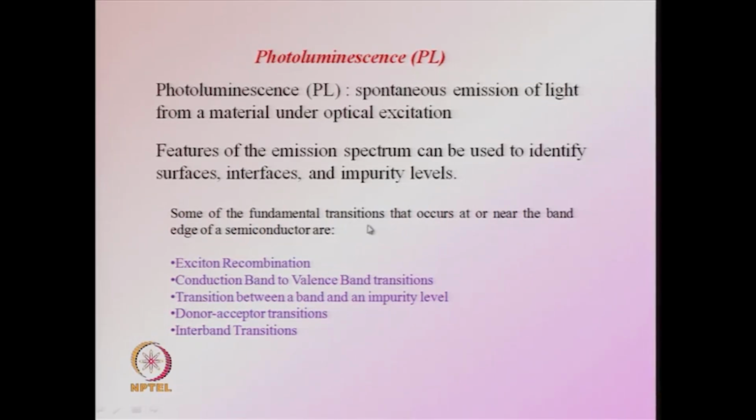So, some of the fundamental transitions that occur at or near the band edge of a semiconductor are exciton recombination, band to band transition, that is from conduction band to valence band, and transition from a band to an impurity level, then transition from a donor to an acceptor, and interband transitions. So, the PL could be from any of these transitions, right.